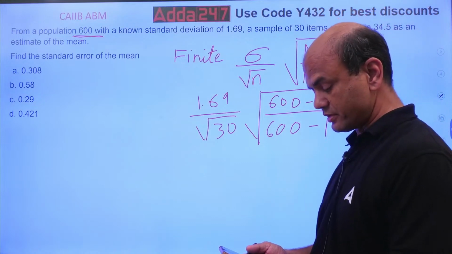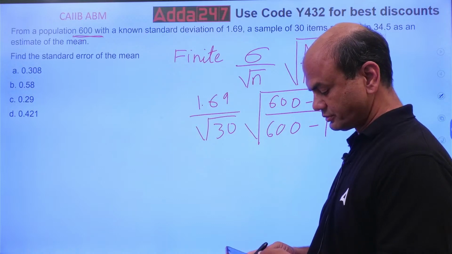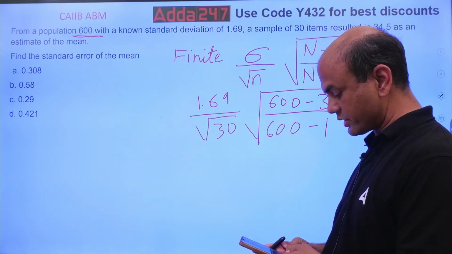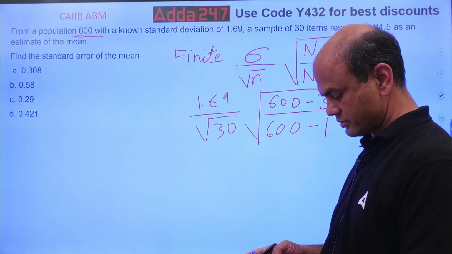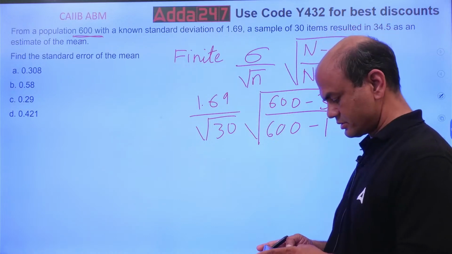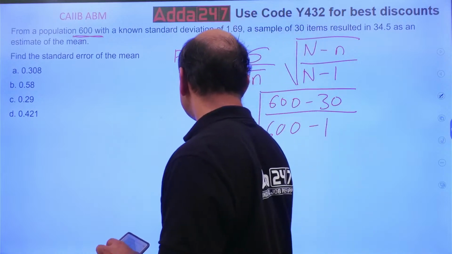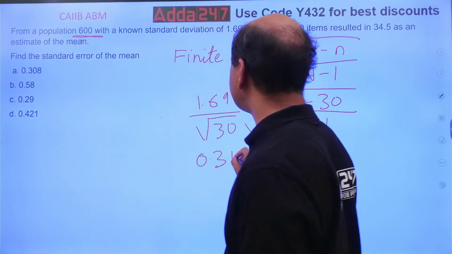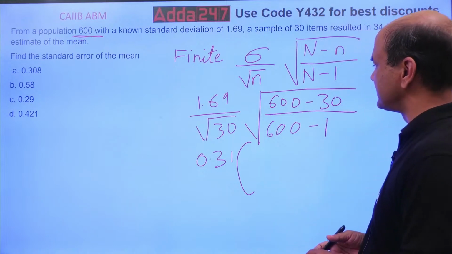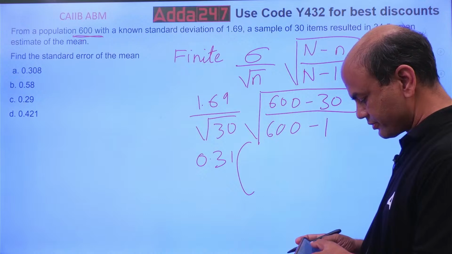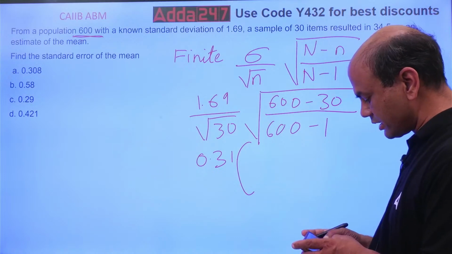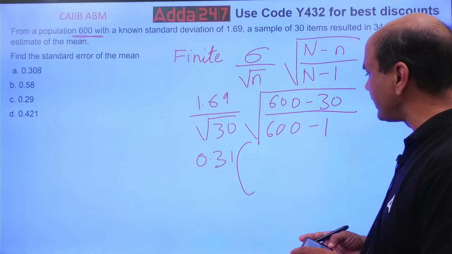I have just now taken this numerical. 1.69 divided by square root 30 is 0.308. Now this bracket: 600 minus 30 is 570, so 570 upon 599, which is 0.95, and take the square root of that.